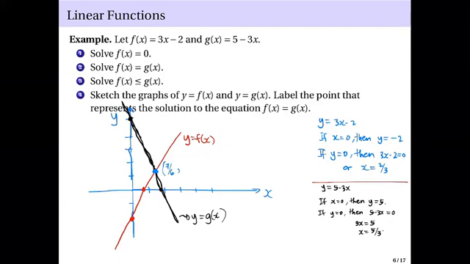So f of 7/6 is 3 times 7/6 minus 2. This is equal to 7/2 minus 2, and this is 3/2, or 1.5.